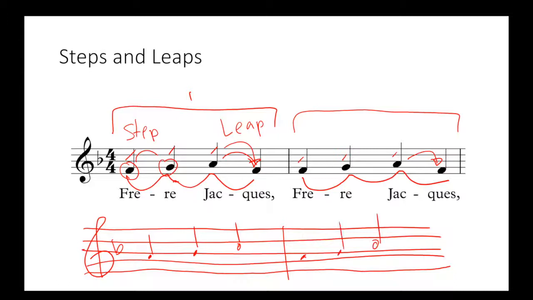You know, Frère Jacques, dormez-vous, dormez-vous.